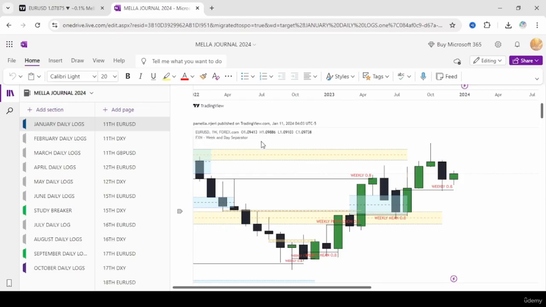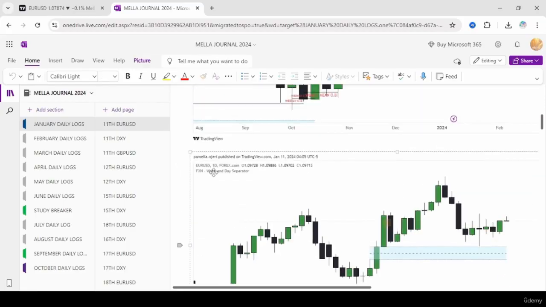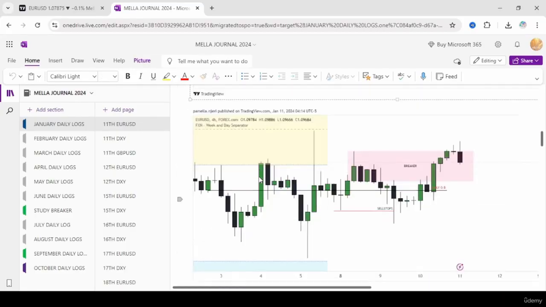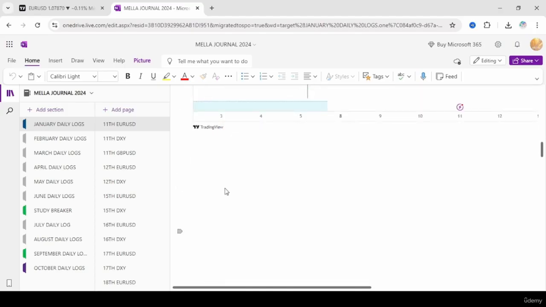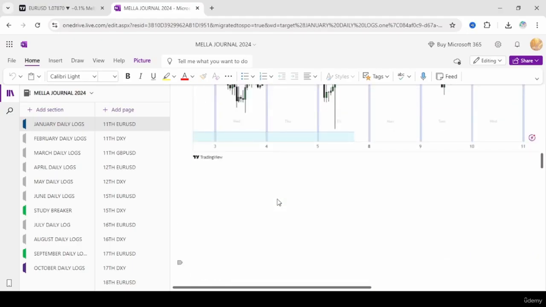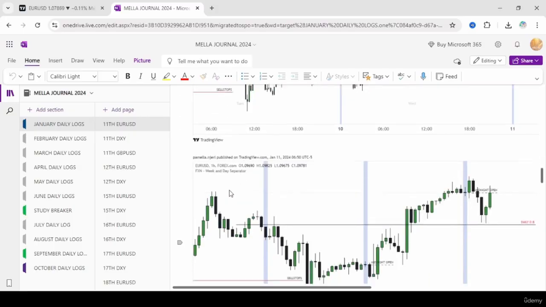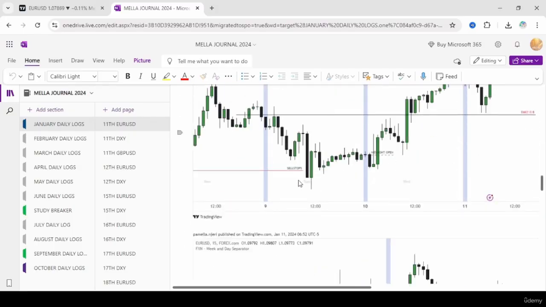Every month I prefer to start from monthly annotations to weekly, to the daily, to every time frame that I trade, to the 4 hour, to the 1 hour, then up to the 15 minutes.